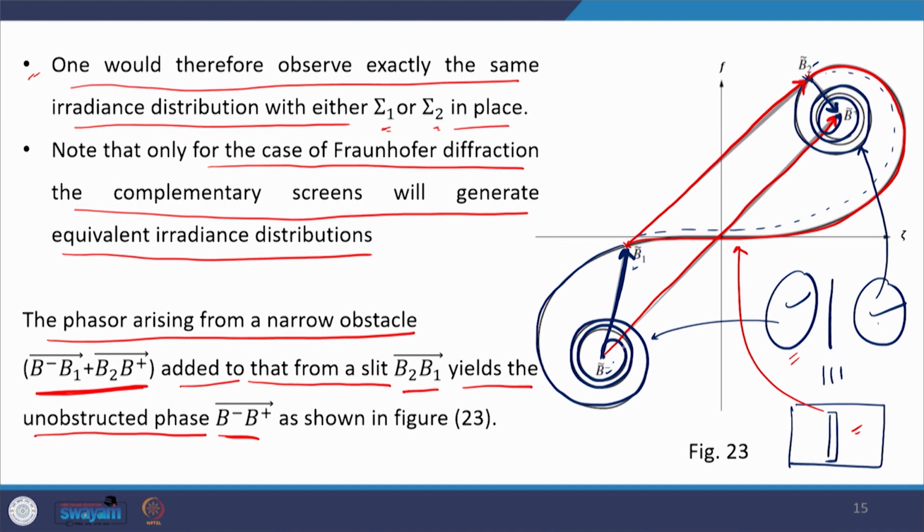When you add these three phasors, you get this line which starts from b minus tilde and ends at b plus tilde.